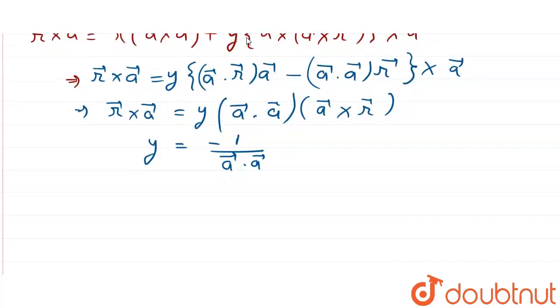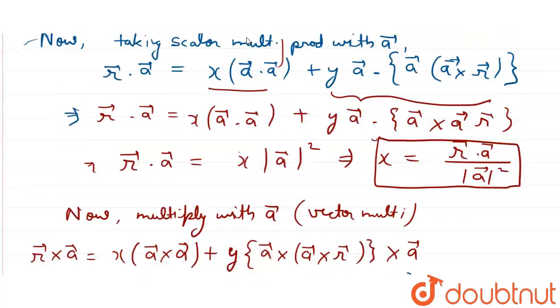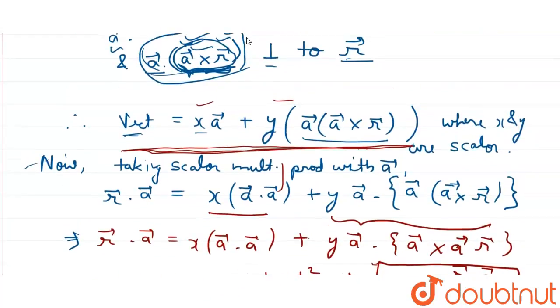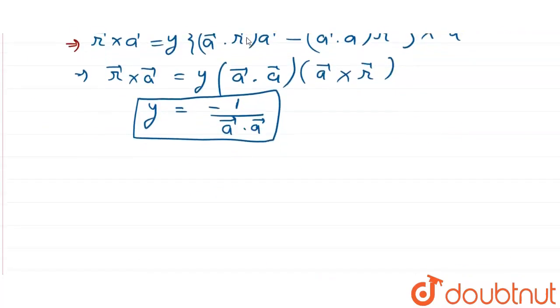Now we have x and y. Now put the value of x and y in the vector equation. What will we get?